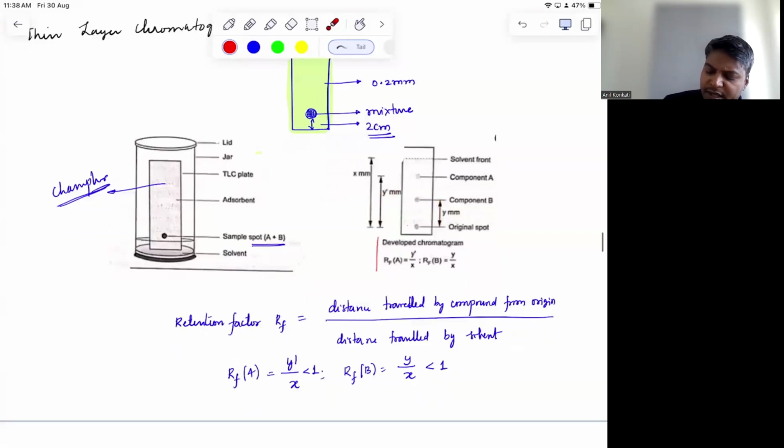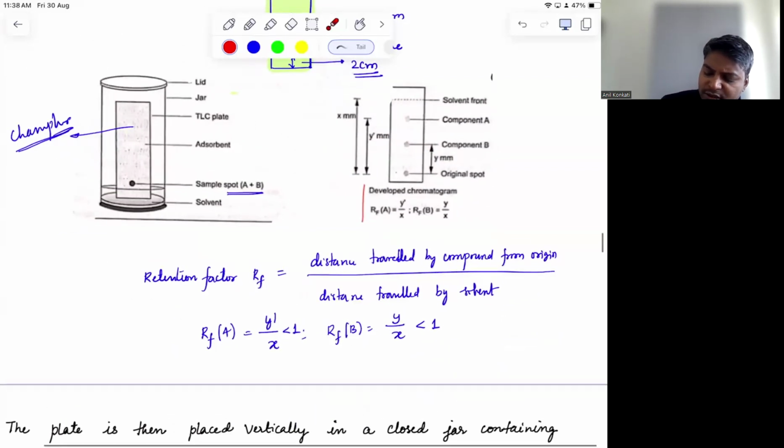Now, a term has been defined known as retention factor. So the retention factor is equal to y dash upon x. Sorry, x is the distance traveled by the solvent.